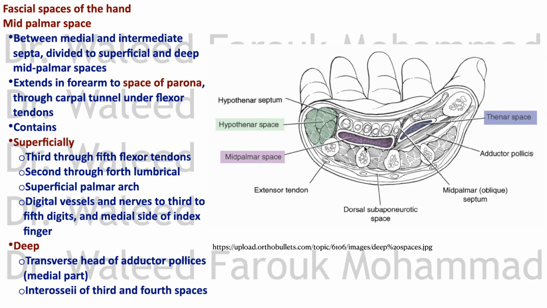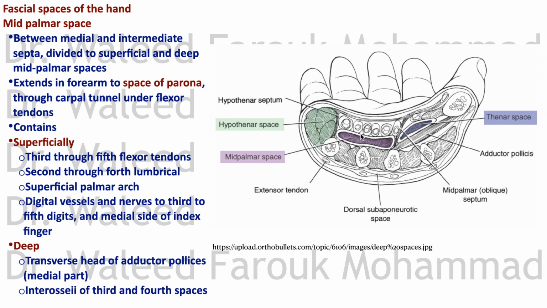The deep mid-palmar space extends in the forearm to the space of Parona. The space of Parona is the space below or beneath the flexors, the flexor digitorum superficialis and profundus. It's the plane below the flexors.